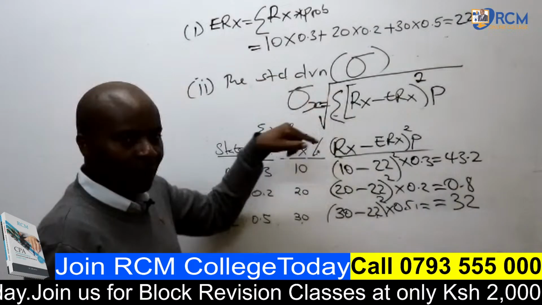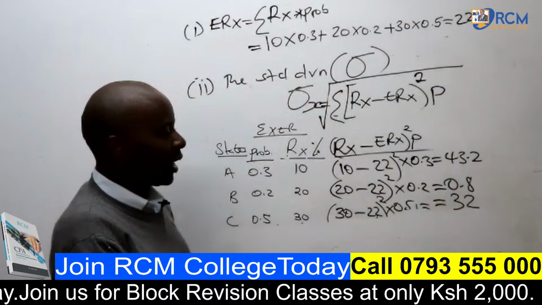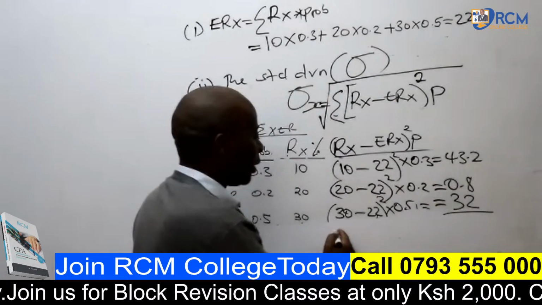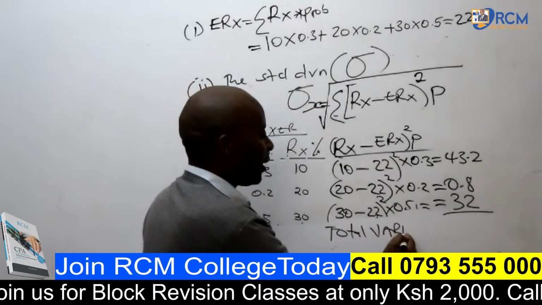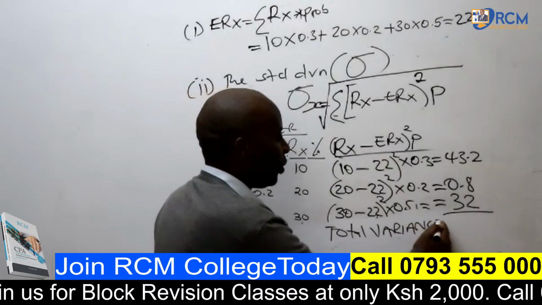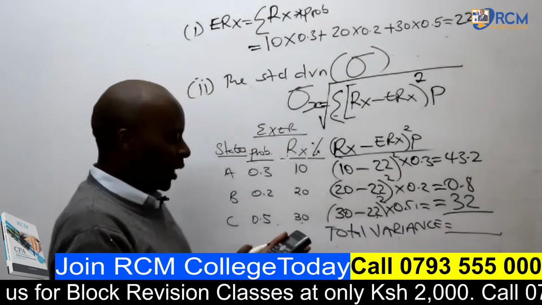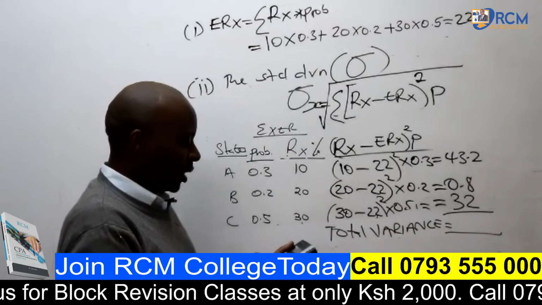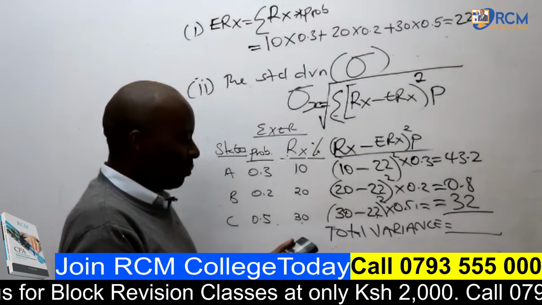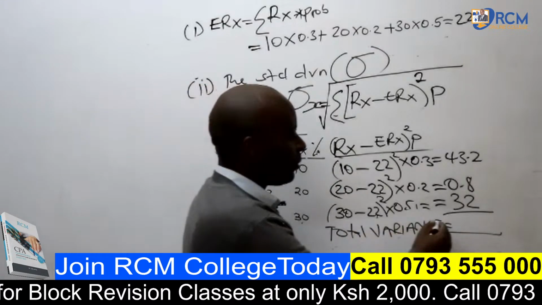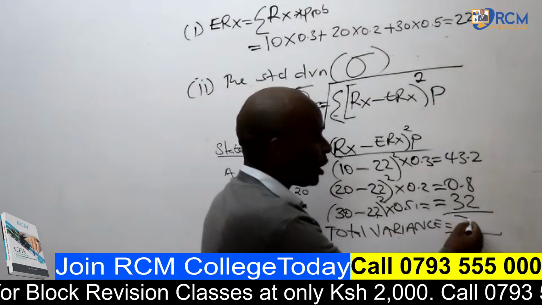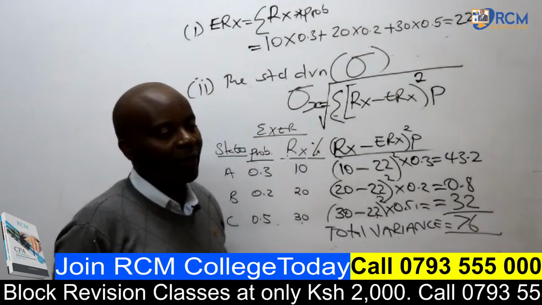So please give us what we call the total variance. Total variance: 32 plus 0.8 plus 43.2 equals. Is there somebody who has 76? Yes, 76, thank you very much.